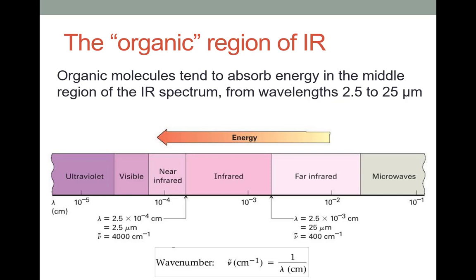They're represented as something called a wave number. And so wave number here is represented as 1 over the wavelength. It's not exactly the same as frequency, which is why it doesn't have quite the same symbol, but we can sort of think about it as that sort of a measure. So our wave numbers on our readouts are going to go from about 4,000 down to about 400 per centimeter.